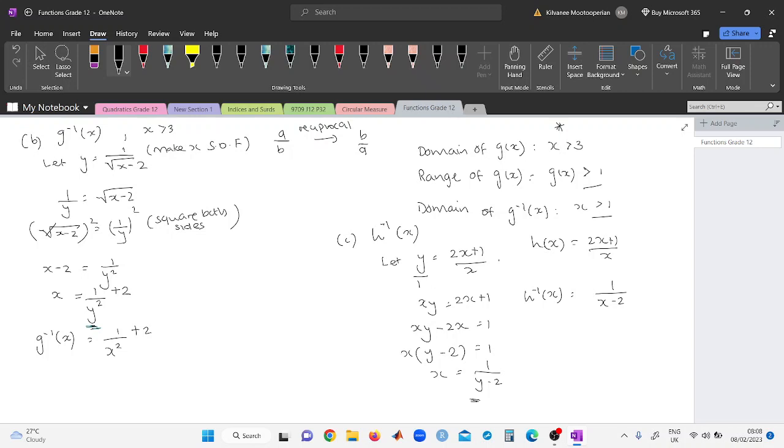Il sortit plus de papier 1, la question sur function. Ok, so now we continue. On peut écrire ma question là.